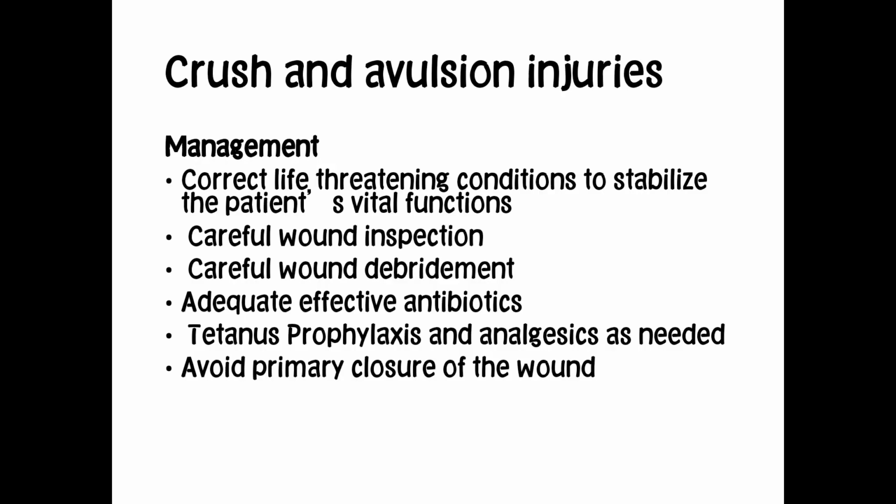Collect the vitals and ensure the patient is safe, and then from there you can inspect your wound carefully. You do wound debridement, and then administer adequate antibiotics, tetanus prophylaxis, and analgesics for pain management. And these wounds are not always closed by primary closure, so they are left open until they are observed to be recovering thoroughly.